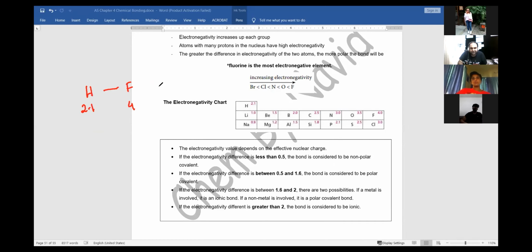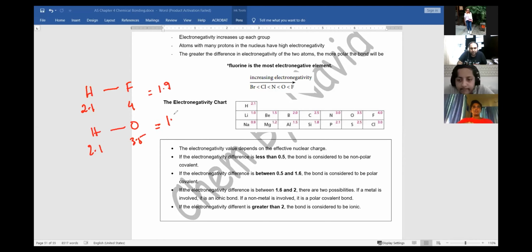So what is the difference? 1.9. Hydrogen with oxygen: 2.1, our oxygen is 3.5. What is the difference? 1.4. Hydrogen with nitrogen: 2.1 and 3, 0.9. So this is one of the measures.